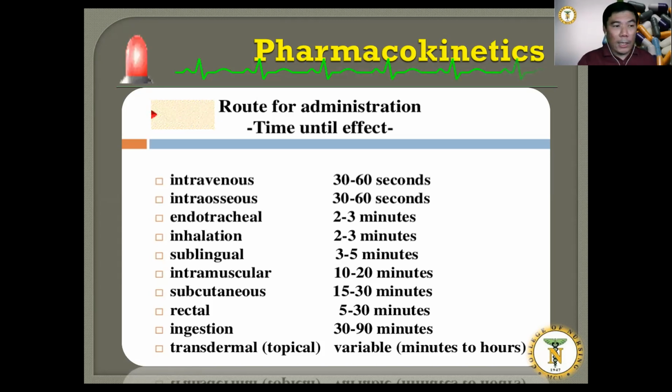With that concept, the detoxification function of the liver is what we call the first pass effect. This concept is applied to all oral drugs, the route of administration which is ingestion.